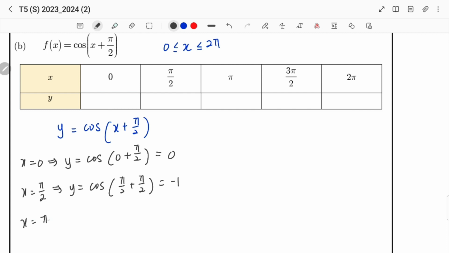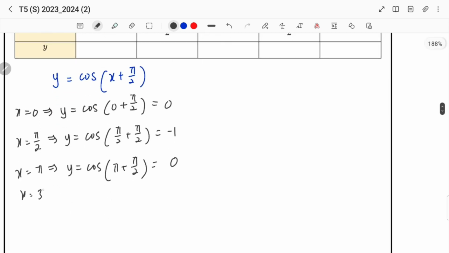Then x is π, y equals cos(π + π/2), 0. x equals 3π/2, y equals cos(3π/2 + π/2), 1.